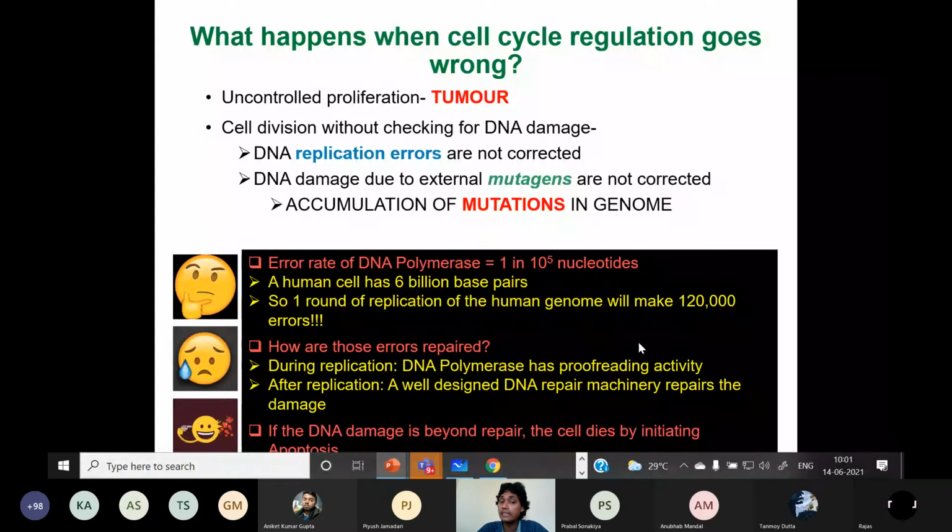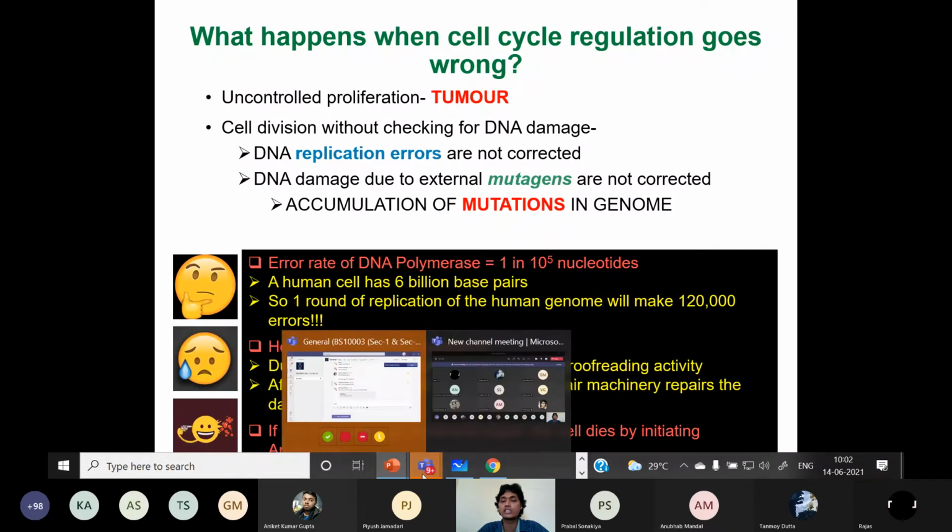Do you know that? I mentioned during the replication class that DNA polymerase has proofreading activity. Although they make some mistakes, we have a very nice proofreading and repair mechanism, so our DNA can be repaired again. After replication, a well-designed DNA repair machinery is present. But if the DNA damage is beyond repair, the cell dies by initiating apoptosis. That means the cell will be destroyed.